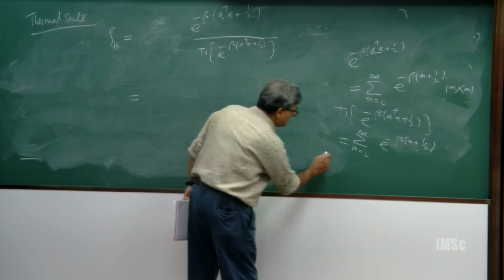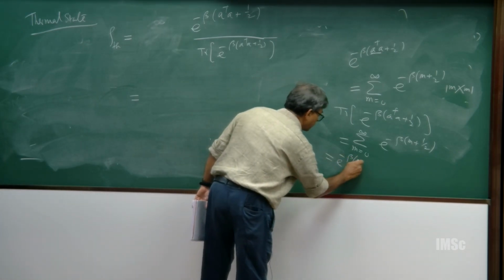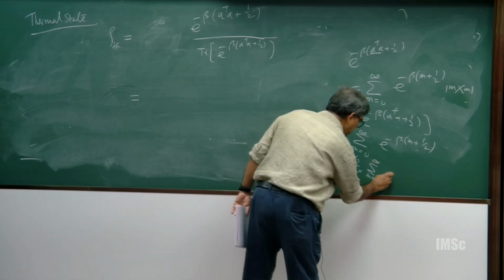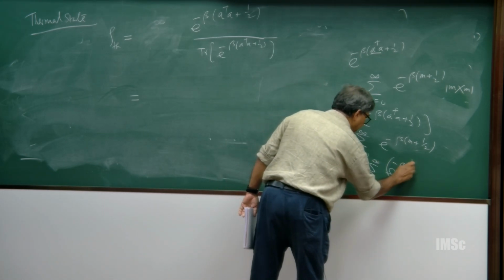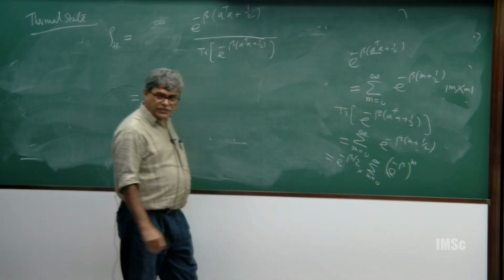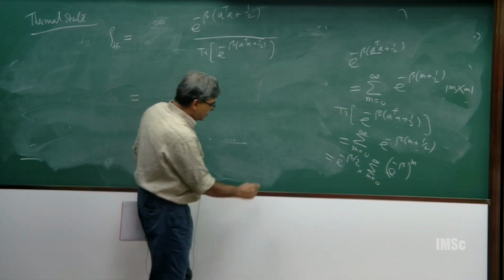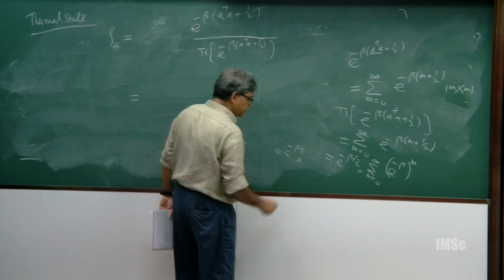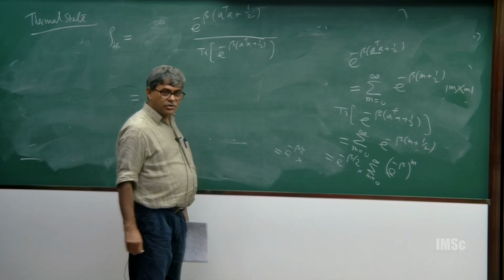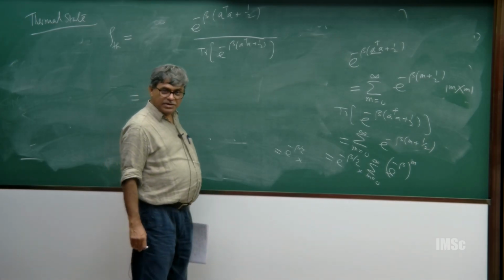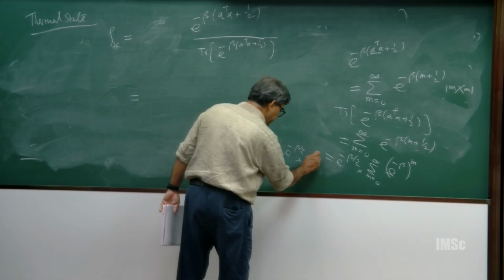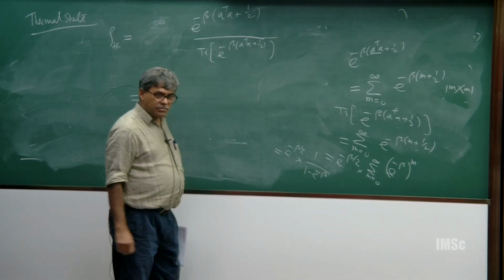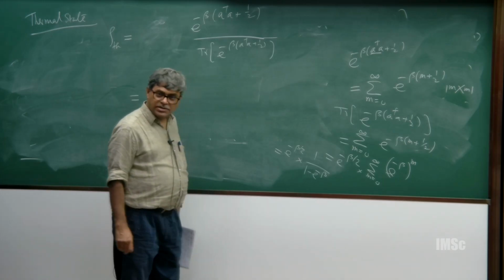And what is this? This is e to the power minus beta by 2, then sum over m equal to 0 to infinity of e to the power minus beta to the power m. So, this is a geometric series. What will be this value? One by 1 minus e to the power minus beta, right. Is that correct?